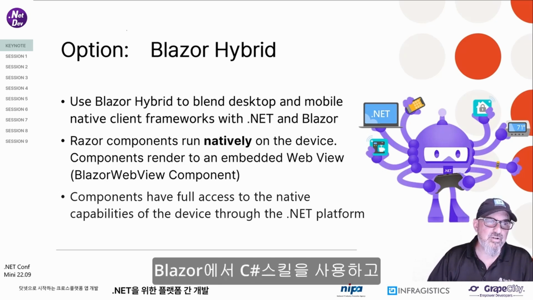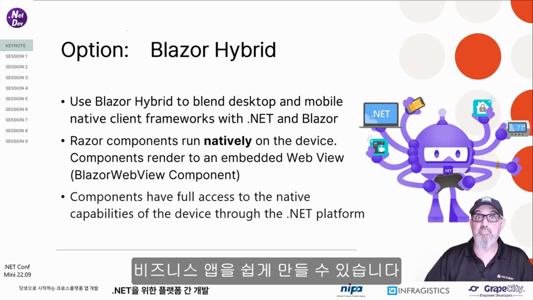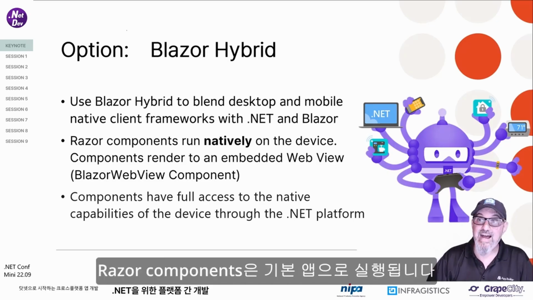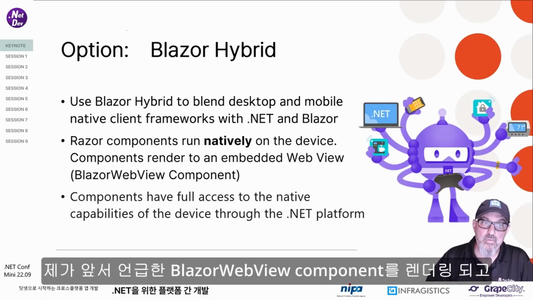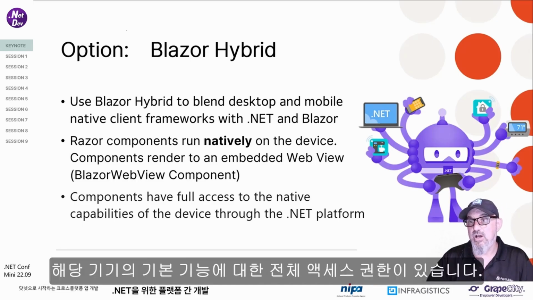So with Blazor, we can use our existing C# skills, we can use declarative markup, and we can build business applications very easily. The Razor components run natively on the device that you are rendering to. So all of these components render to an embedded web view, the Blazor WebView component that I mentioned earlier, and they have full access to the native capabilities of the device through the .NET framework.